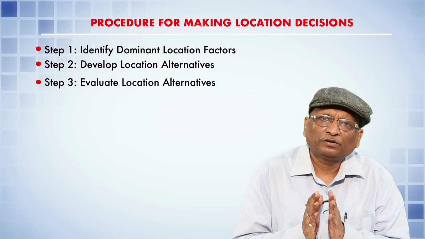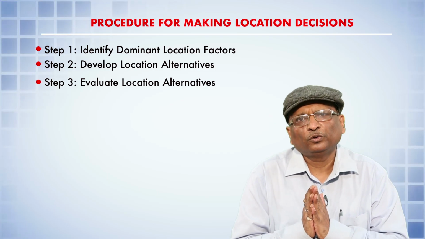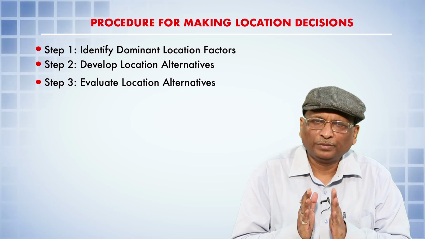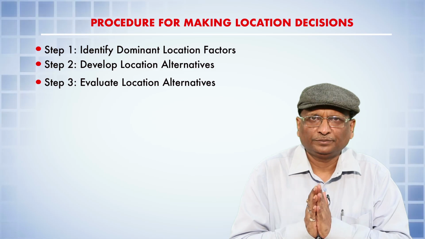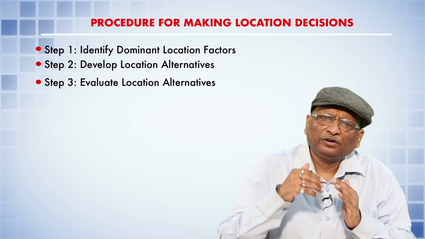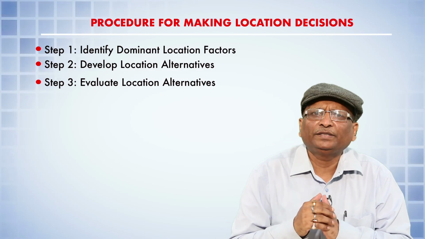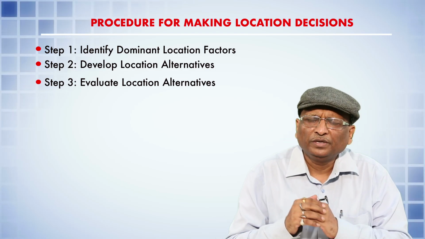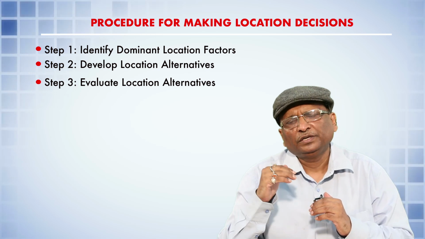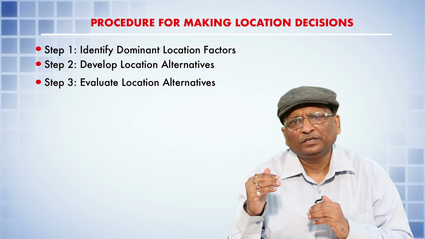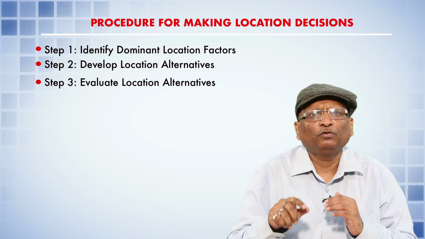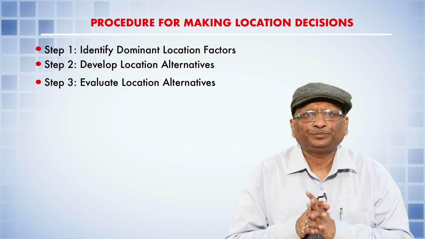Just like we have location alternatives, Palwal, Ballabgarh or Mathura. Similarly, then we have to evaluate the location alternatives by considering the location factors, and we will reach a certain decision to decide which location is more suitable for our objective.